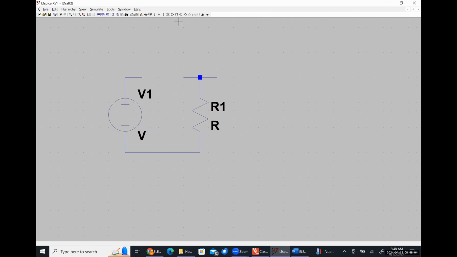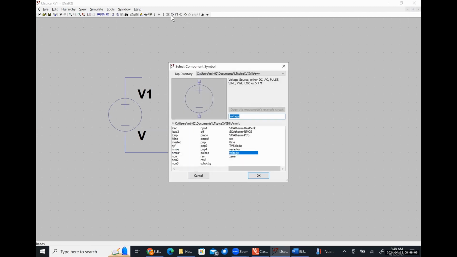All right, so here I'm going to put what's called a behavioral voltage source. A behavioral voltage source is effectively an arbitrary dependent voltage source where we get to define how it works by including a mathematical function. So this would technically work as both a voltage controlled voltage source or a current controlled voltage source, which is why I'm using this one.